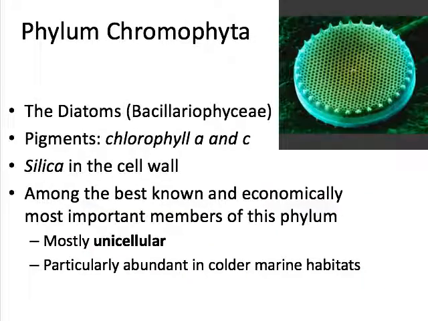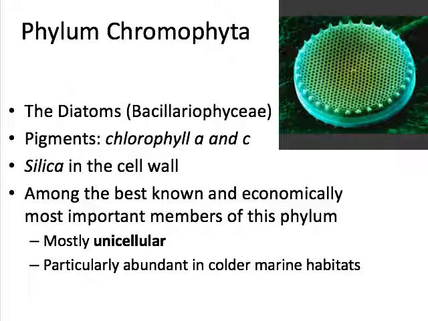Our next member of this diverse phylum is the diatoms, and the diatoms contain pigments chlorophyll A and chlorophyll C, as well as the unique addition of silica in the cell wall. Silica is best known for giving organisms a glassy or sandpaper appearance. It's very rough.